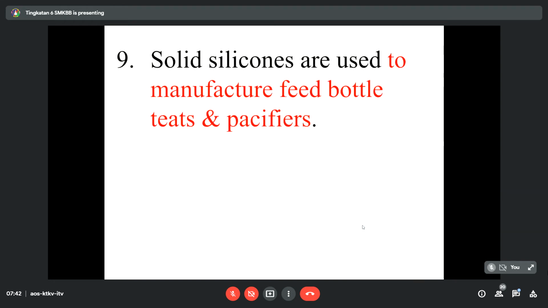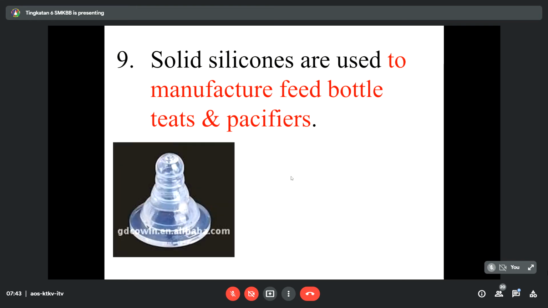Now, of course, solid silicons, elastomer normally, also can be used to manufacture feeding bottle tips, or even pacifiers. That is, feeding bottle, the teat.